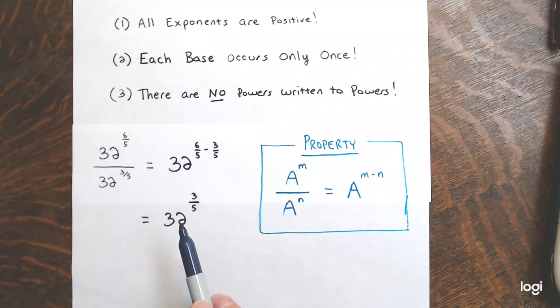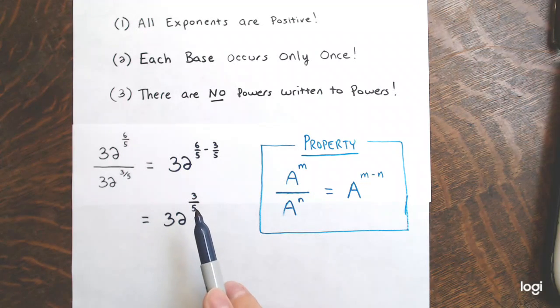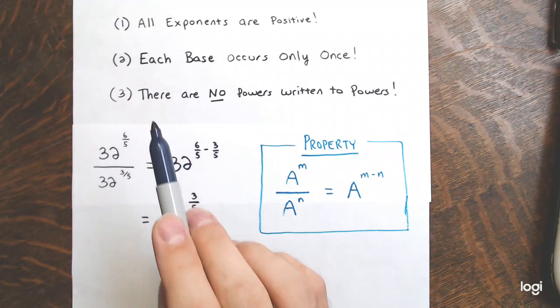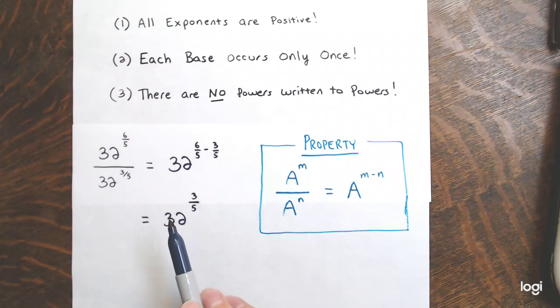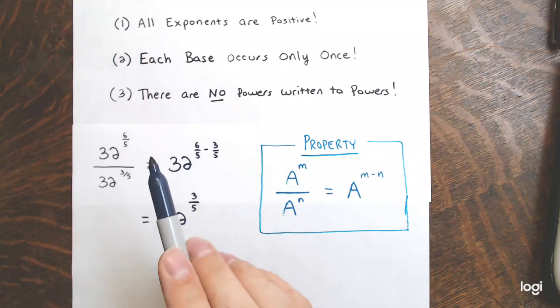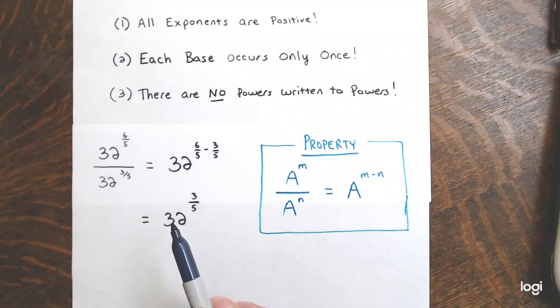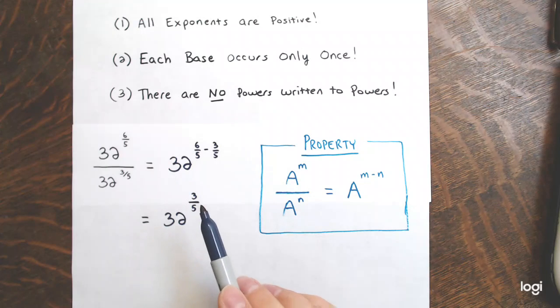I have 32 to the 3/5 power. That's a positive exponent. Each base occurs only once. 32 occurs only once. There's no other, it's not like two of them over here. There are no powers written to powers, so I'm not seeing that either. 32 to the 3/5 is not in parentheses being raised to some other power.